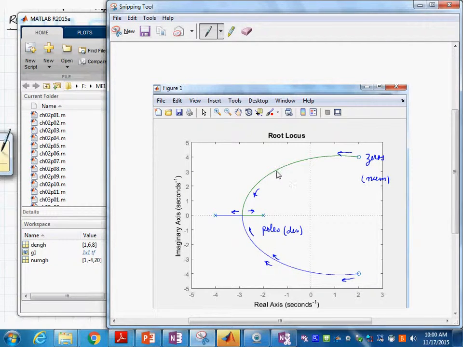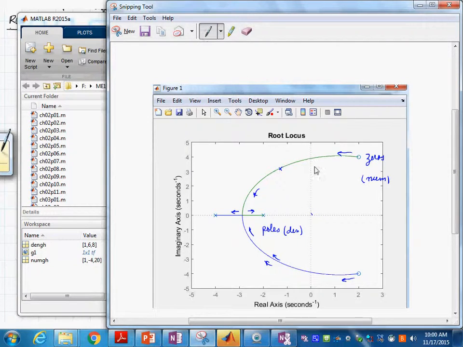Like if you have a root here and you draw a line from here to the origin, it's a little bit crooked, but it's supposed to be a straight line. Now, let's just do a little better job, okay?